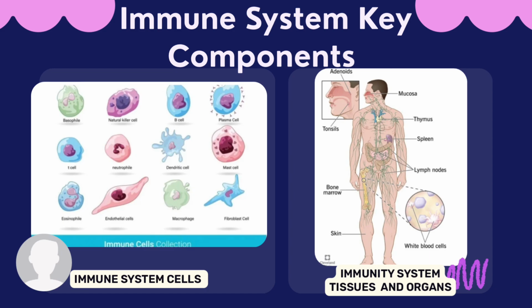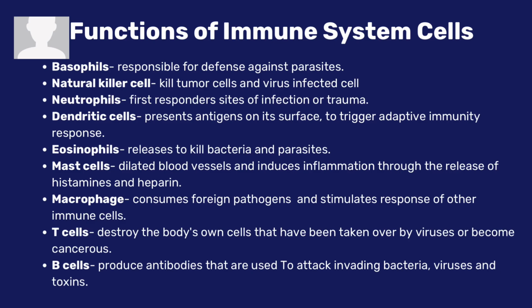The innate immune system cells include phagocytic cells, such as neutrophils, eosinophils, basophils, macrophages, and mast cells, also the dendritic cells, whilst the adaptive immune system cells include the lymphocytes, T cells, B cells, and the natural killer cells.